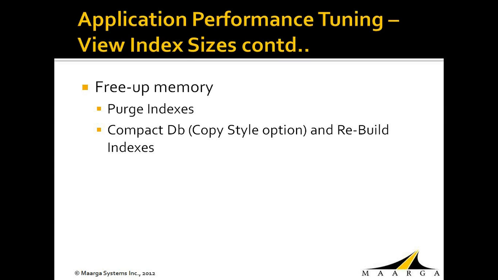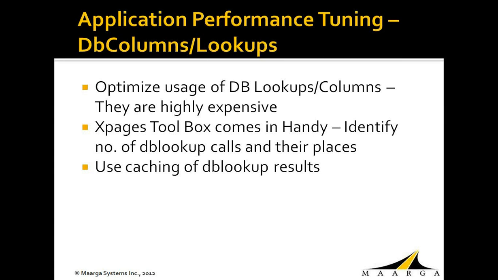The next thing is what can be done with lookups. DB columns, DB lookups, and get document by key are very highly time-consuming operations. So we should be very careful when using these. As I explained before, you can use this toolbox to determine how well they are being used, or whether they are being used too much. If that is the case, we can reduce the number of lookups by properly handling it in the application, for example by caching the results.